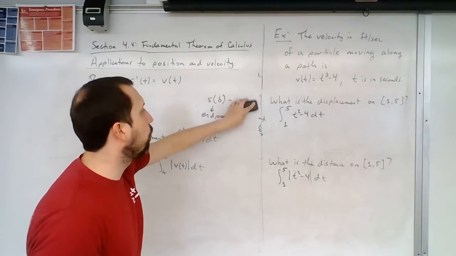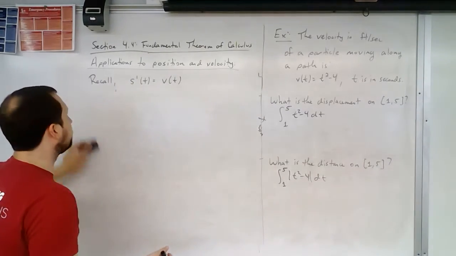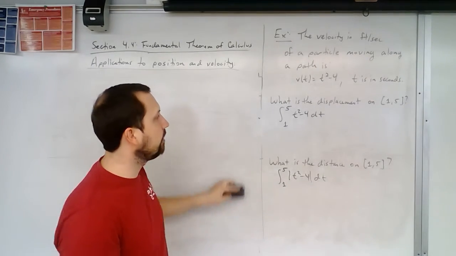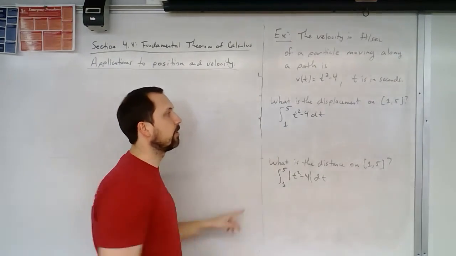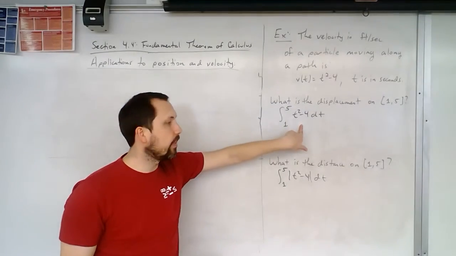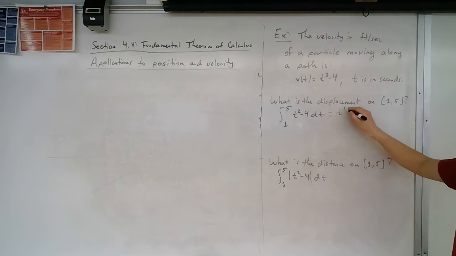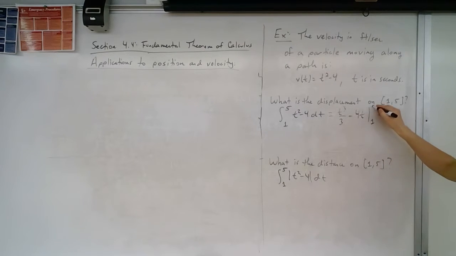So if we think about what is the difference between these, how are we going to get different values? Well, for this first one, we can just use the fundamental theorem of calculus. I take the antiderivative of this, so I add 1 to the power of t and divide by the power. So I have t cubed over 3 minus 4t, evaluated from 1 to 5.